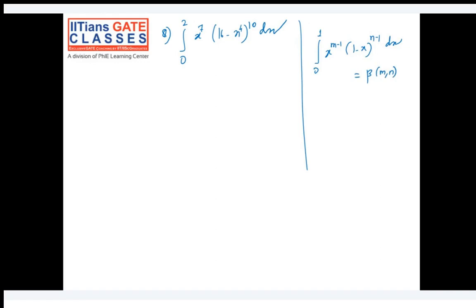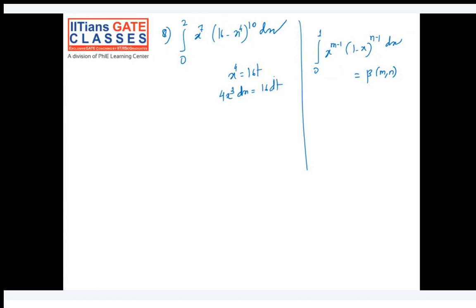So you can easily get into that form if you put x raised to the power 4 is equal to 16t. If you do so, 16 you can take common and you'll end up with 1 minus t inside the bracket. And 4x cubed dx will be equal to 16 dt.